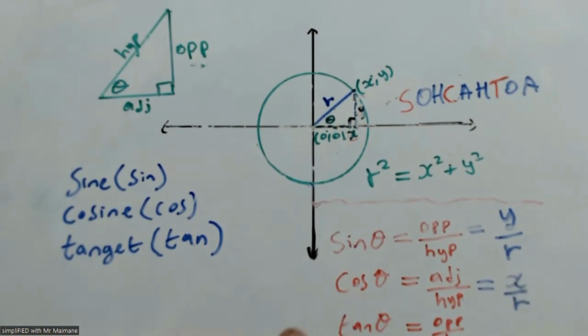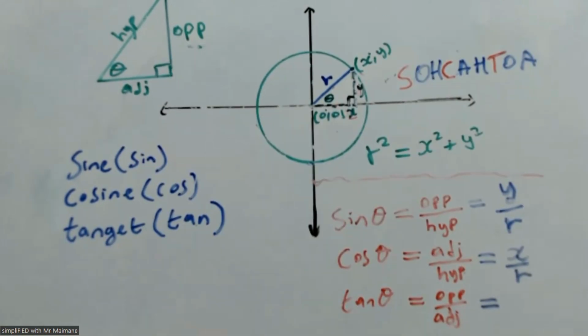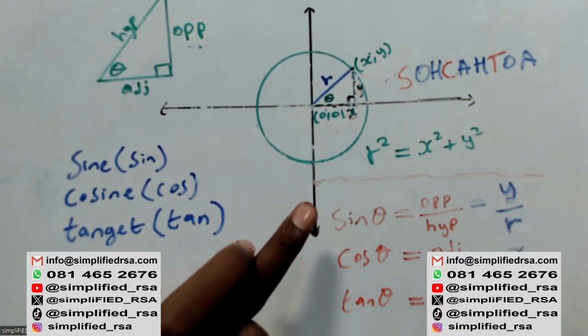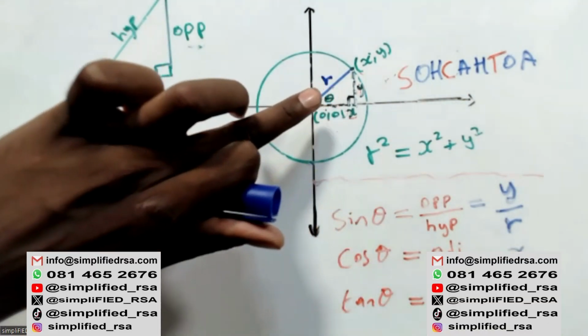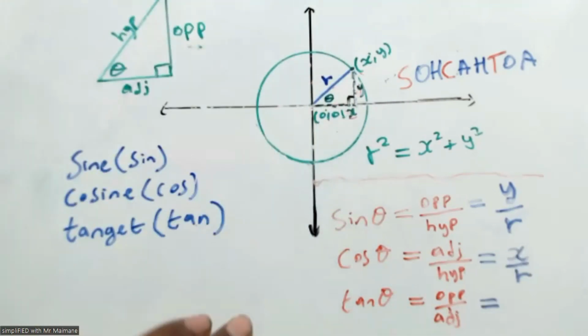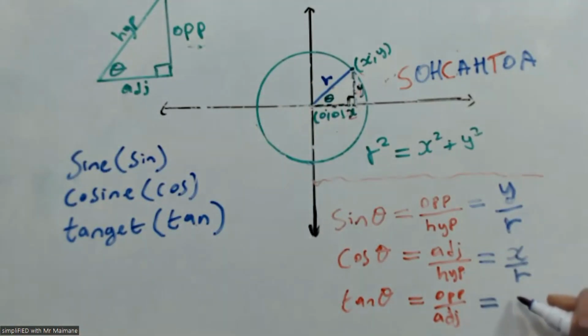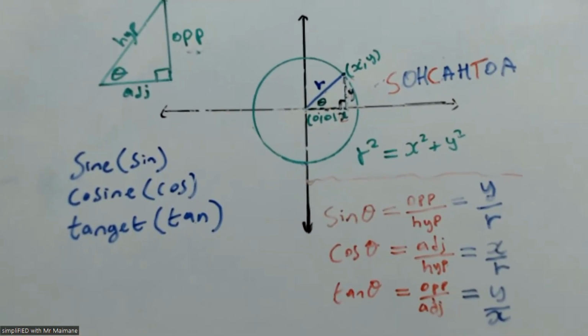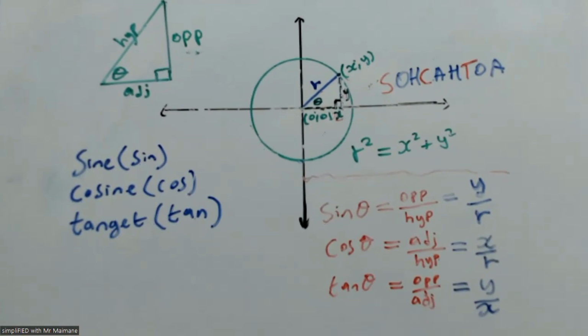Do you see how it works, Mr. Man? Automatically, this makes tan theta opposite over adjacent, so tan theta is going to be y over x. This is as simple as that. This is the summary of the universe. Yeah, trigonometry, right?